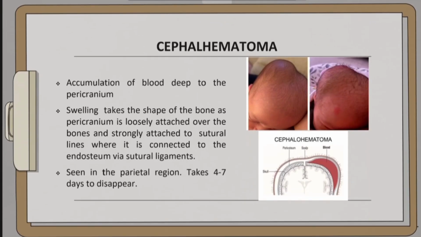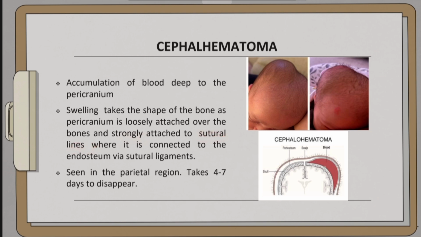Because of this, there is a condition known as cephalohematoma. When there is obstructed labor or during forceps delivery, in the fetus you can see blood collected deep to the pericranium. So the swelling takes the shape of the bone, as the pericranium is very loosely attached over the bone, but it is very strongly attached to the sutural line.